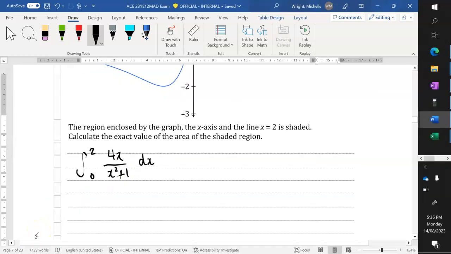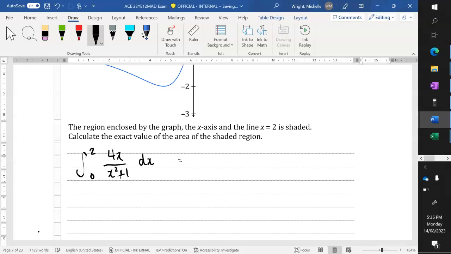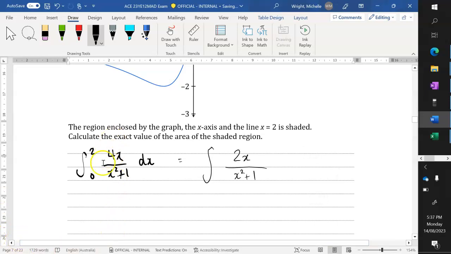If our bottom line is our function, x squared plus 1, what is its derivative? That is 2x. That is different to what we have here, which is 4x. So we actually have twice the amount of the derivative on the function. That is where a lot of people went wrong. They popped a half out the front because they weren't really sure what they were doing.